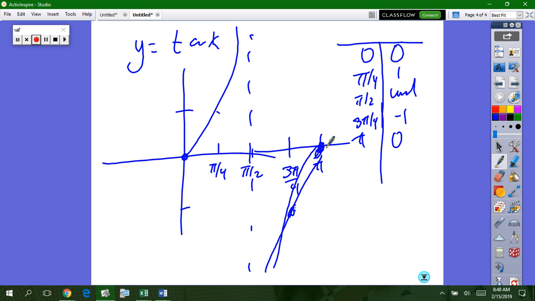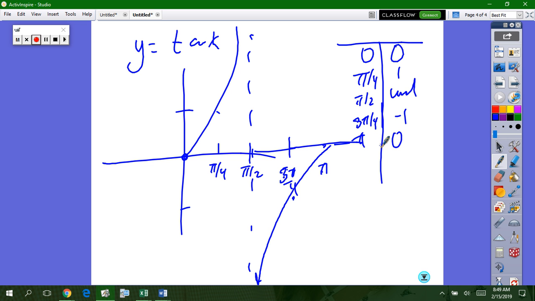I'm bad at graphing that part. Is that better looking? Are you there with me?